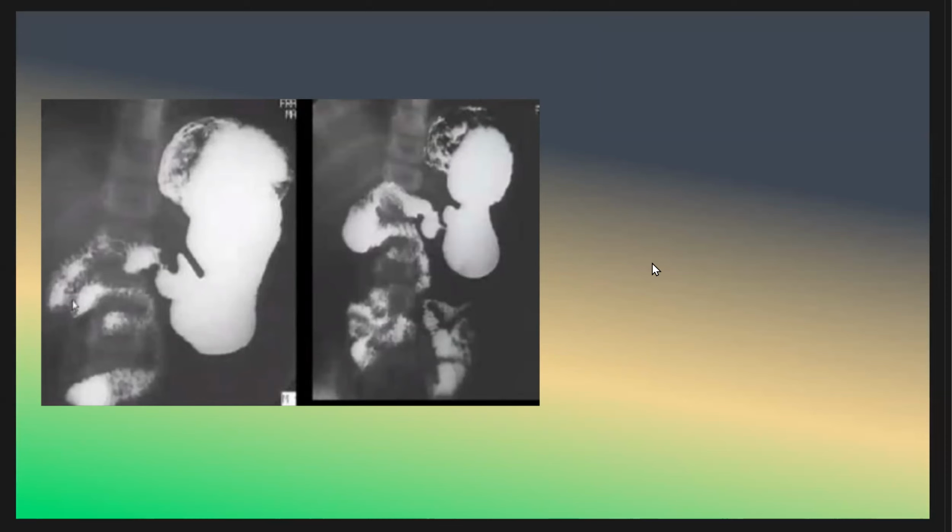This patient has mid-gut volvulus with malrotation, and we see the corkscrew sign involving the duodenum and upper jejunum, and you see the duodenojejunal junction on the right side, not on the left side. So this is malrotation with mid-gut volvulus.